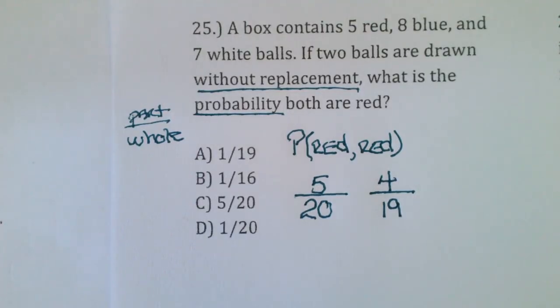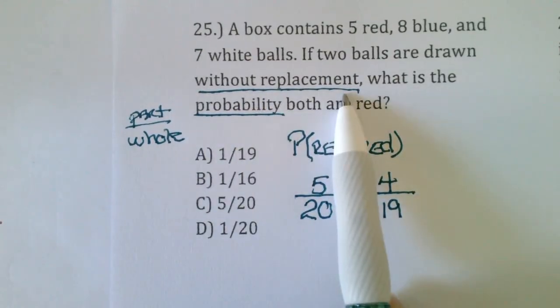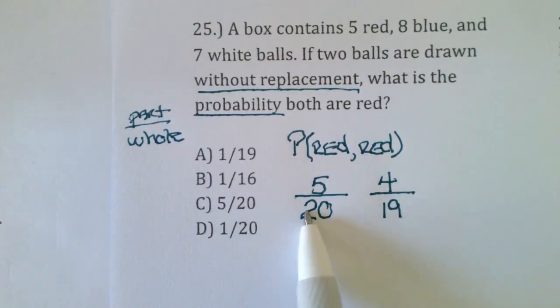When you're dealing with non-replacement and looking at the events, this is one mistake a lot of people make. Some people like to add, and they ask what number 20 and 19 have in common, and they do all of this crazy stuff.